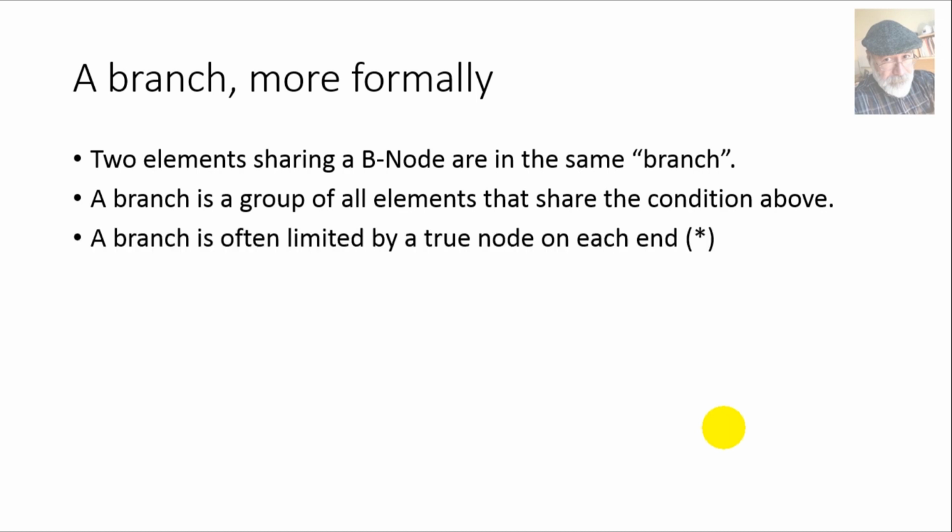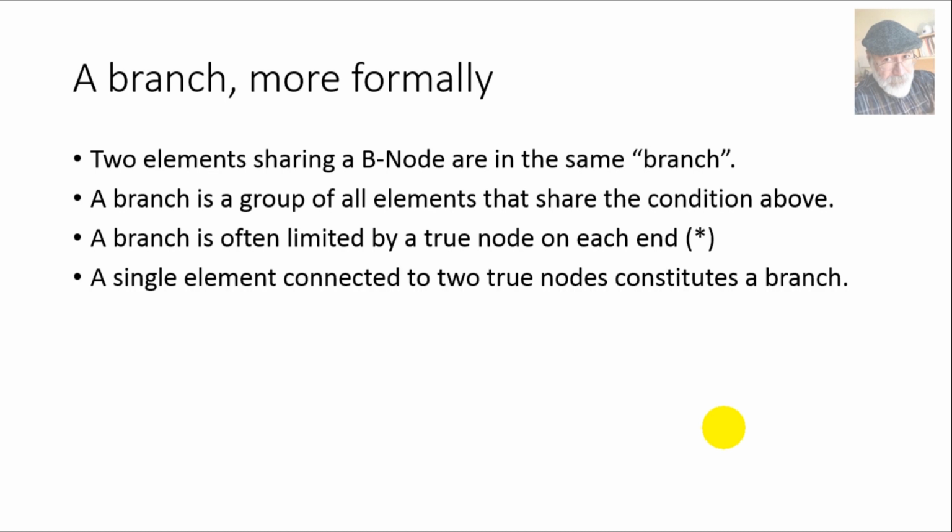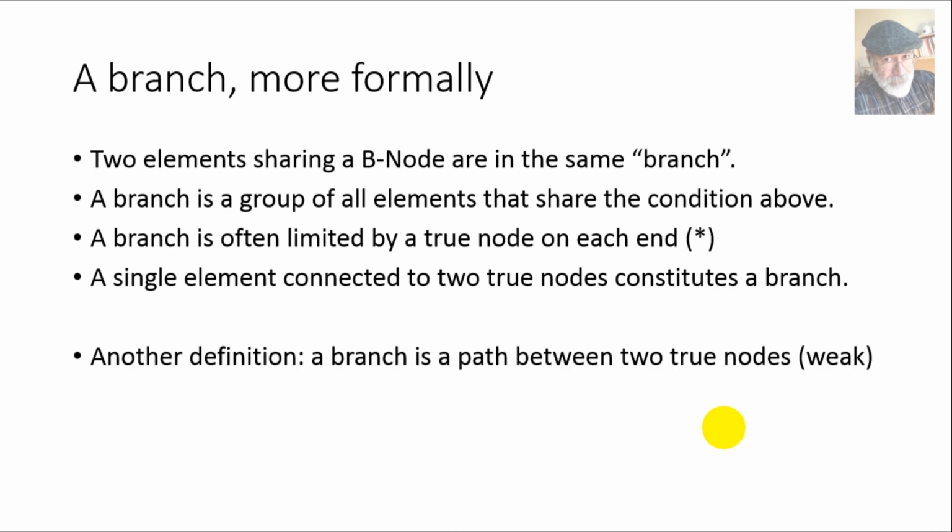A branch is often limited by a true node on each end. There is an asterisk call there. A single element connected to 2 true nodes constitutes also a branch. The other definition we've used before is a branch is a path between 2 true nodes, but that is kind of weak, even though you and I know what I mean.